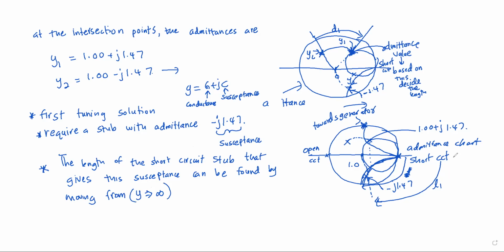This place is where y reaches infinity, the main reason being z equals 0 there. So y equals 1 over z, right?